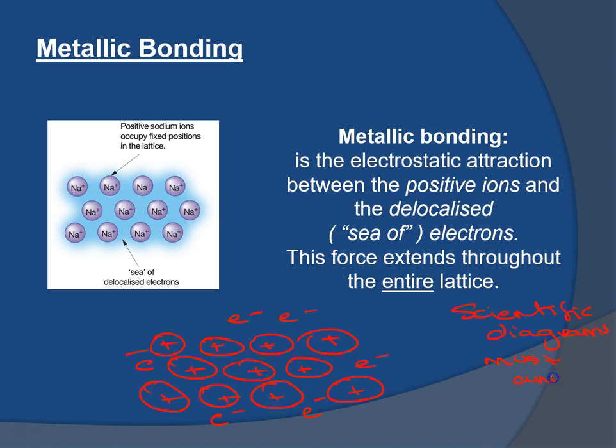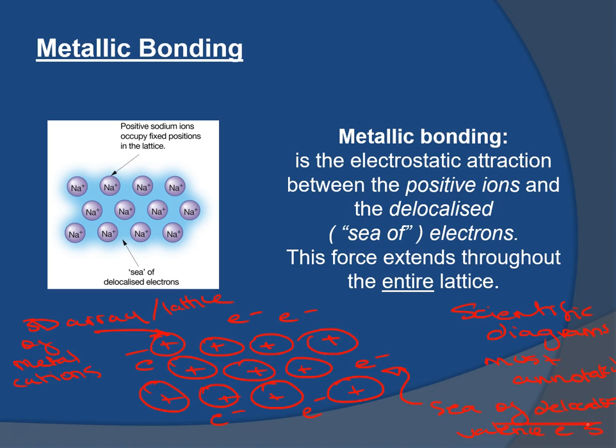Okay, so we're going to label each part of our diagram. So we would write a 3D array, or you could use the word lattice of metal cations, and then our electrons are our sea of delocalized valence electrons.